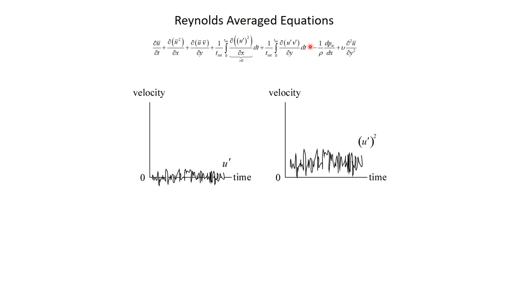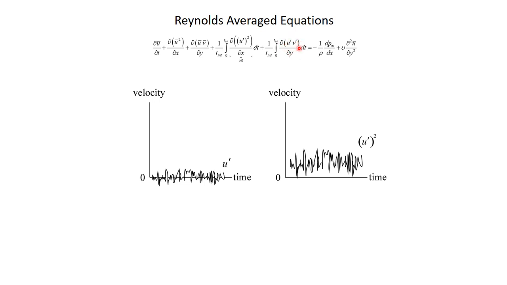This one is less obvious, right? If u prime and v prime were truly just random events, completely uncorrelated to one another, when u happened to fluctuate up, v would have an equal chance of fluctuating up as it does down. If that were the case, then this group would integrate to zero, right?